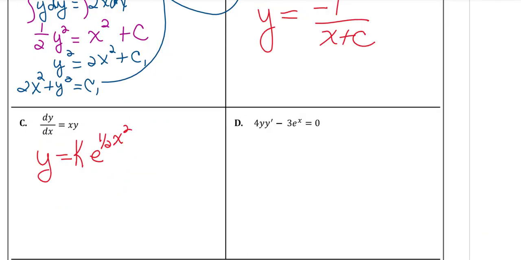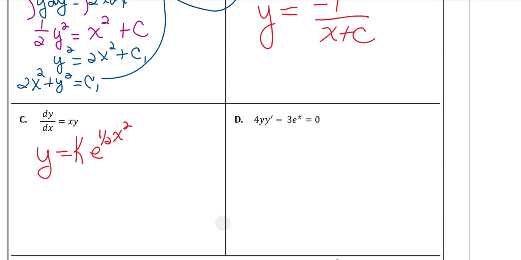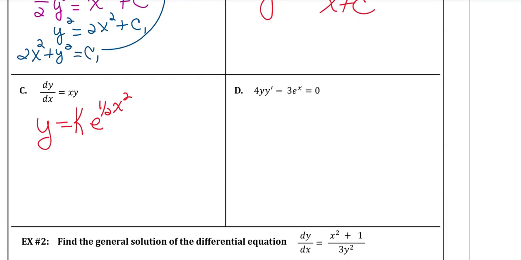Okay, now, with regards to letter C, I want to point out something. A lot of you might not have this answer. You might have an answer that looks more like this, that you have e to the 1/2 x squared and you have a plus c up here. Remember that this can be written using our law of exponents as e to the 1/2 x squared times e to the c.